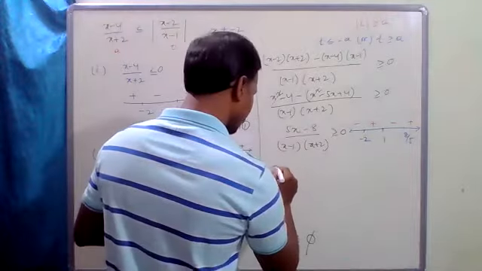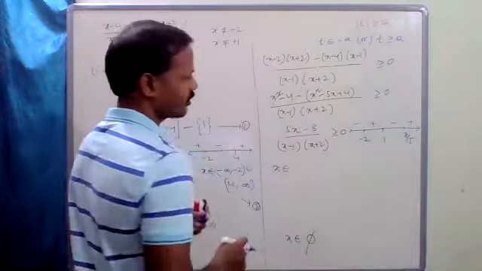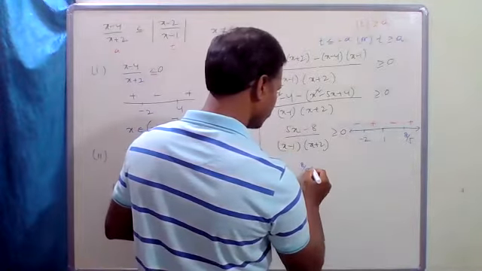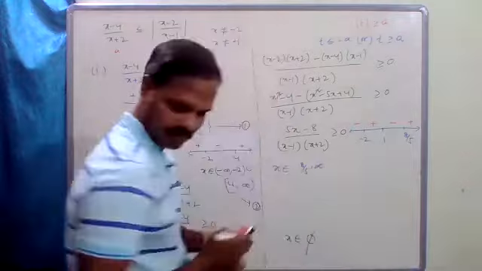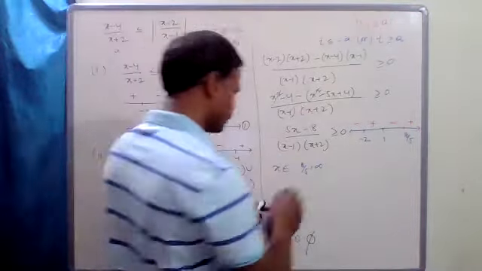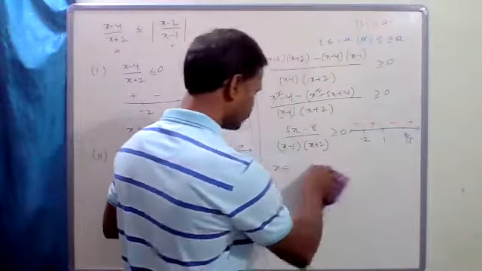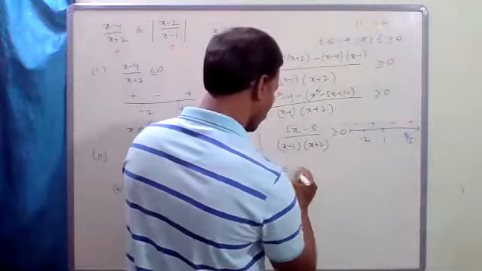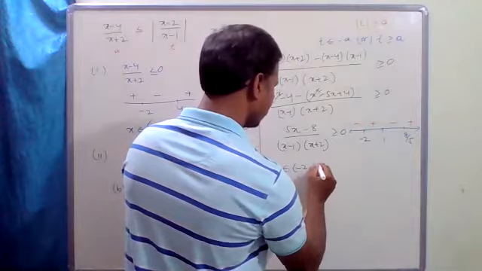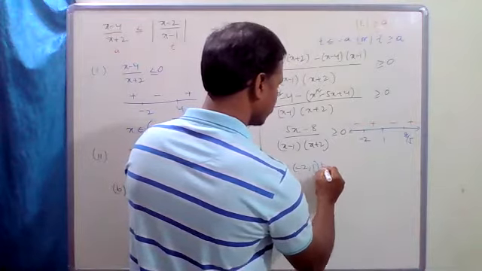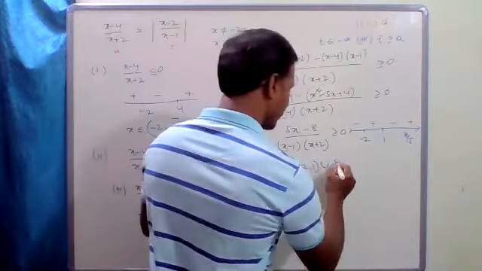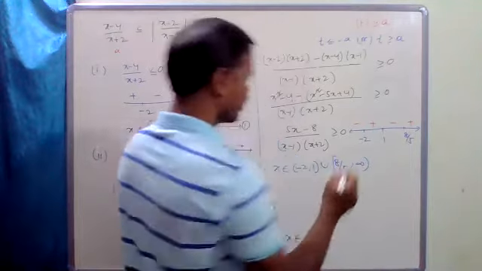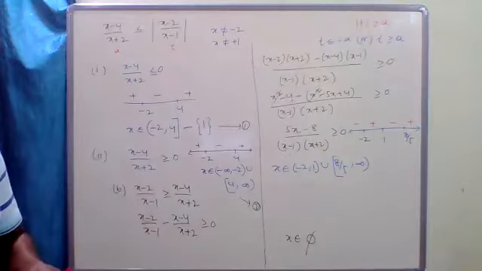So x belongs to, positive means 8 by 5 to infinity. I will write from left to right: positive means minus 2 to 1, open interval, minus 2 comma 1, union 8 by 5 comma infinity.